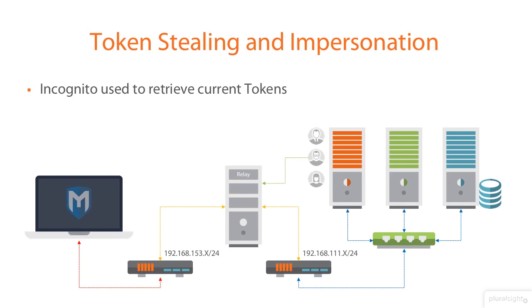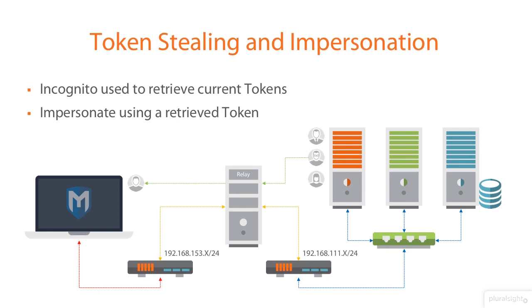And these are the user tokens. So domain/administrator, it will have the user token for that one. Once we have that list, we're then able to steal the token, or impersonate that user.